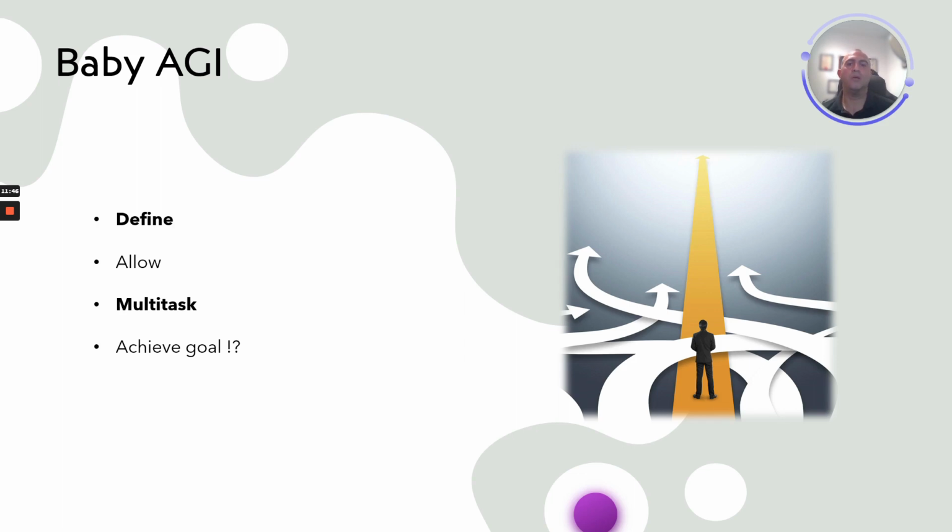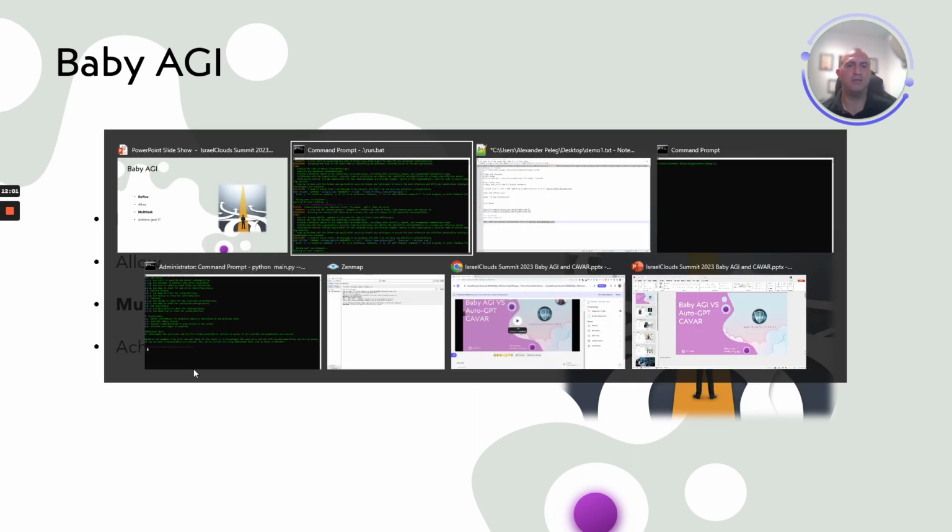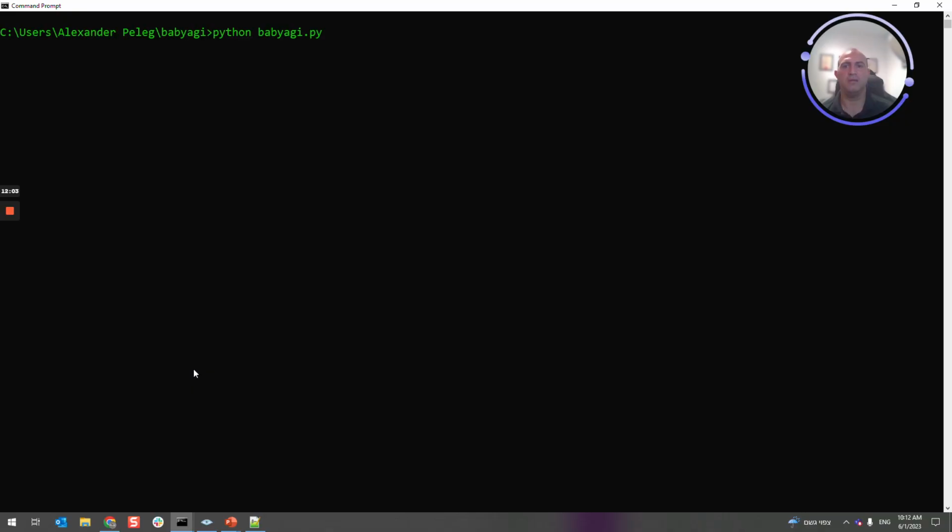This way, when you need to define how you work or what you need to decide, basically, in this case, Baby AGI is much better, and let's see a demo of that.